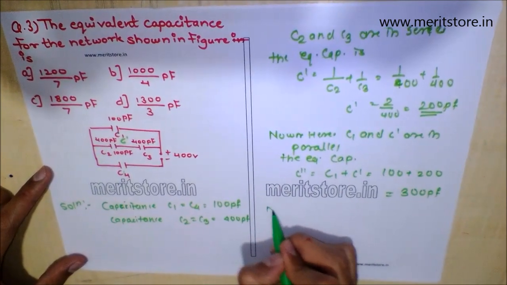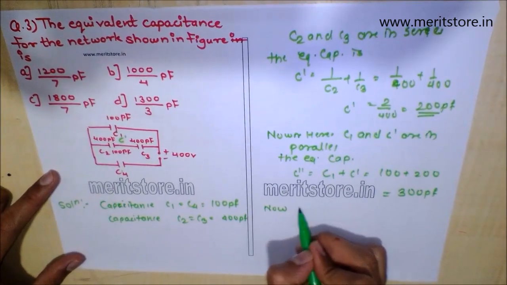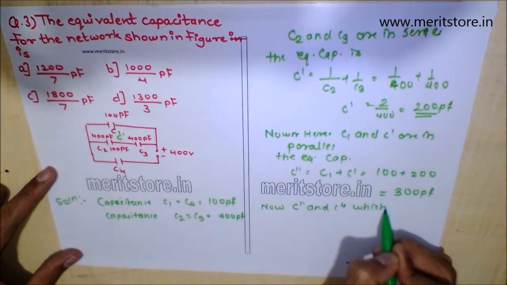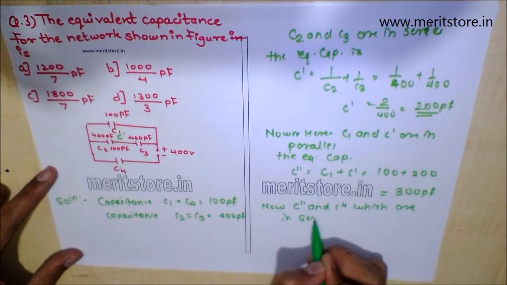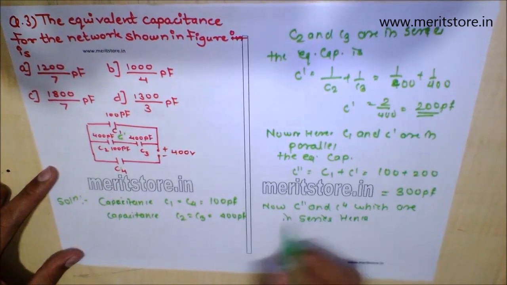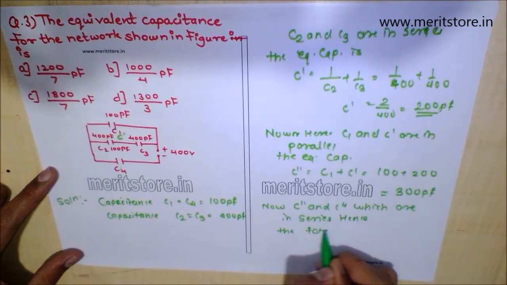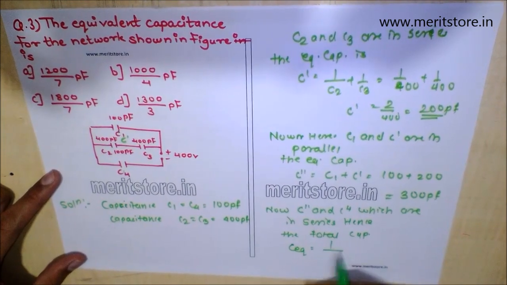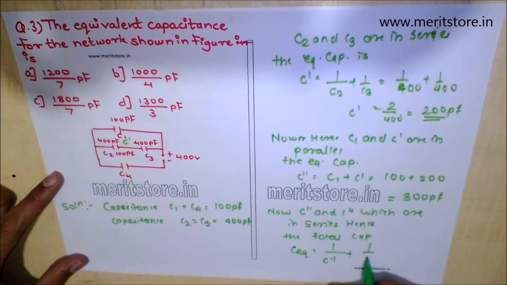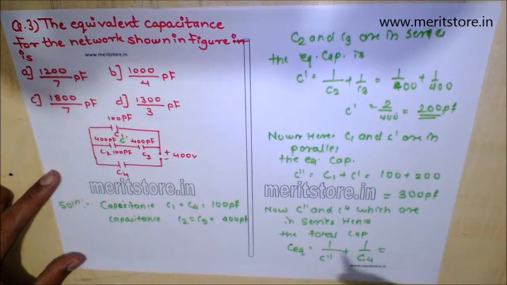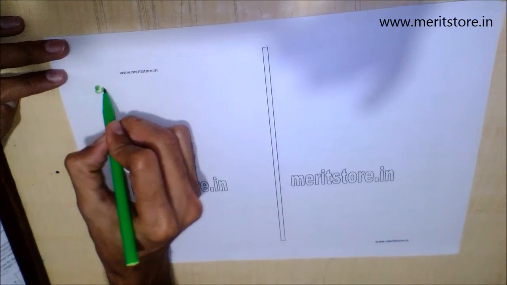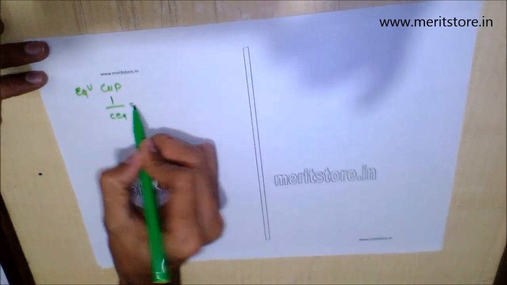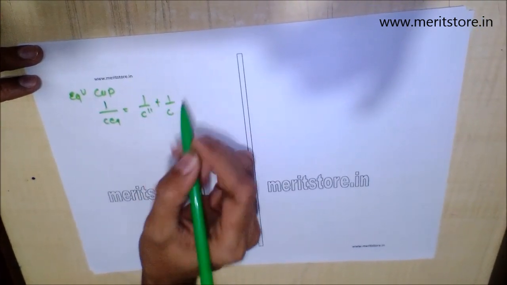Okay, now similarly we have C double prime and C4 which are connected in series. So hence the equivalent capacitance, that is the total capacitance, will be equal to C equivalent. 1 upon C equivalent is equal to 1 upon C double prime plus 1 upon C4.